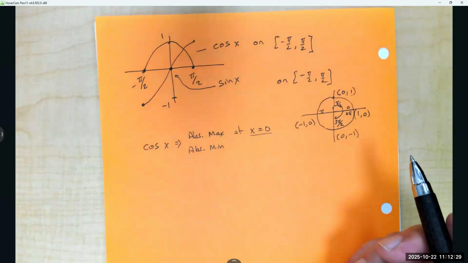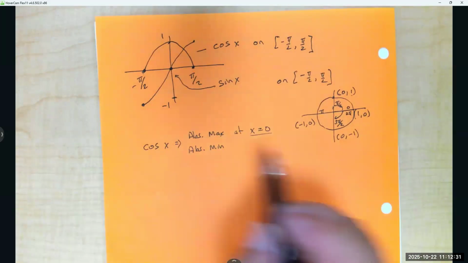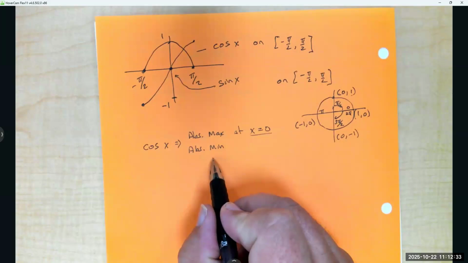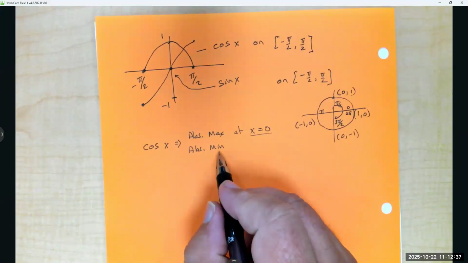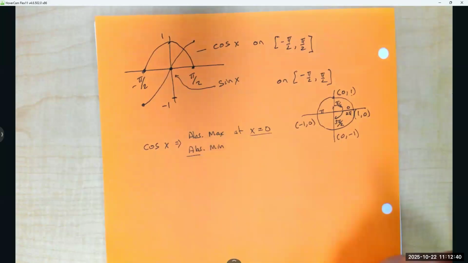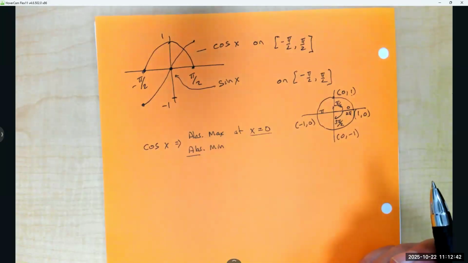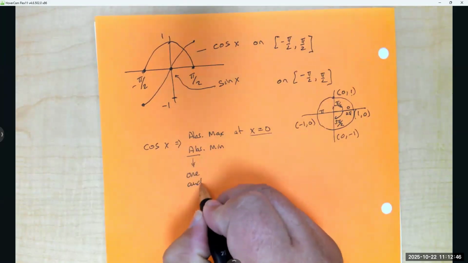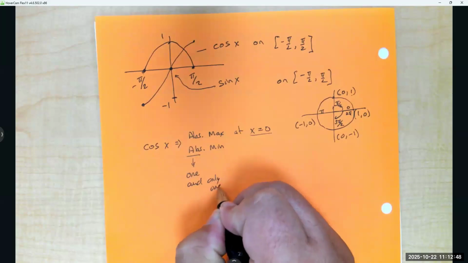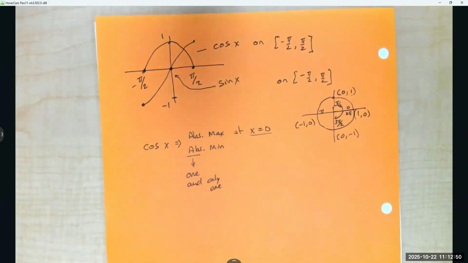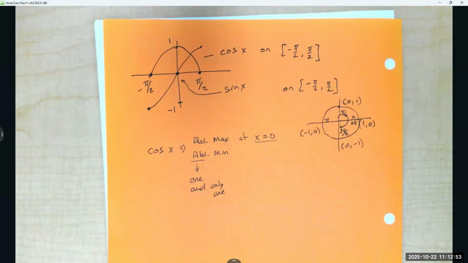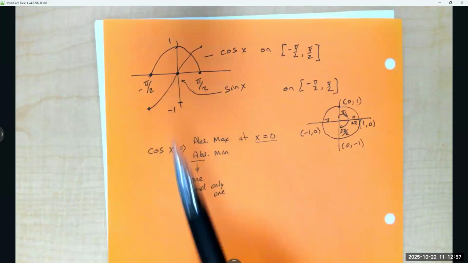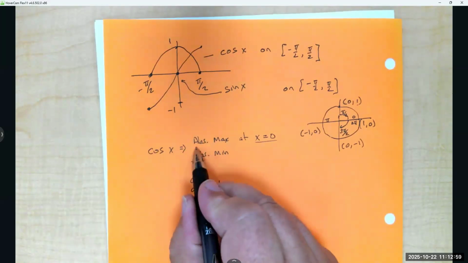It's the x value that gives that value its maximum point. Do we have a minimum? Same. Absolute means what? One and only one. Typically, that's what we say. Because if it's absolute, then there's nobody else greater than or less than, or nobody else equal to. So all we have here is an absolute maximum.